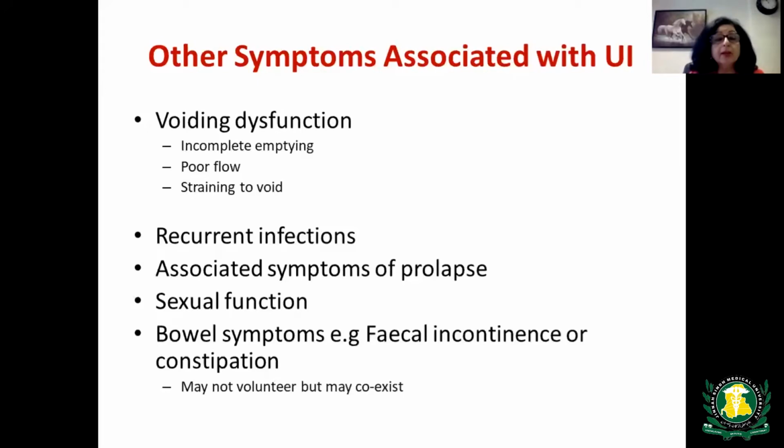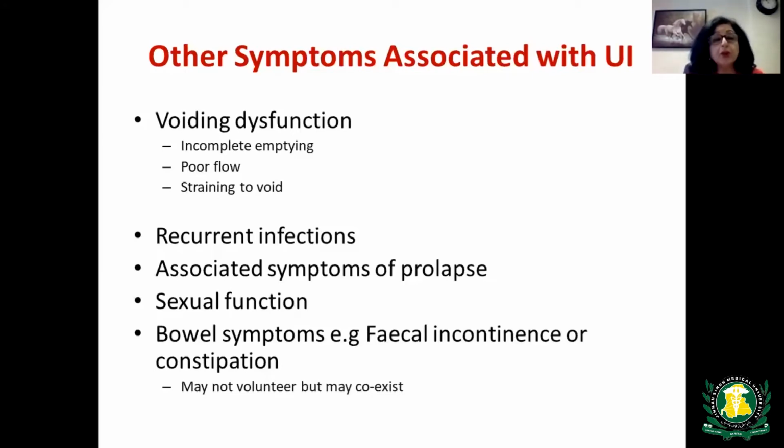And then there is also a history of poor flow of urine. And poor flow is how women describe that when they've got a desire to go, they sit on the loo, they're trying to empty the bladder, but only a small streak of urine is coming away. Sometimes that is also complicated by hesitancy in starting the urinary flow.